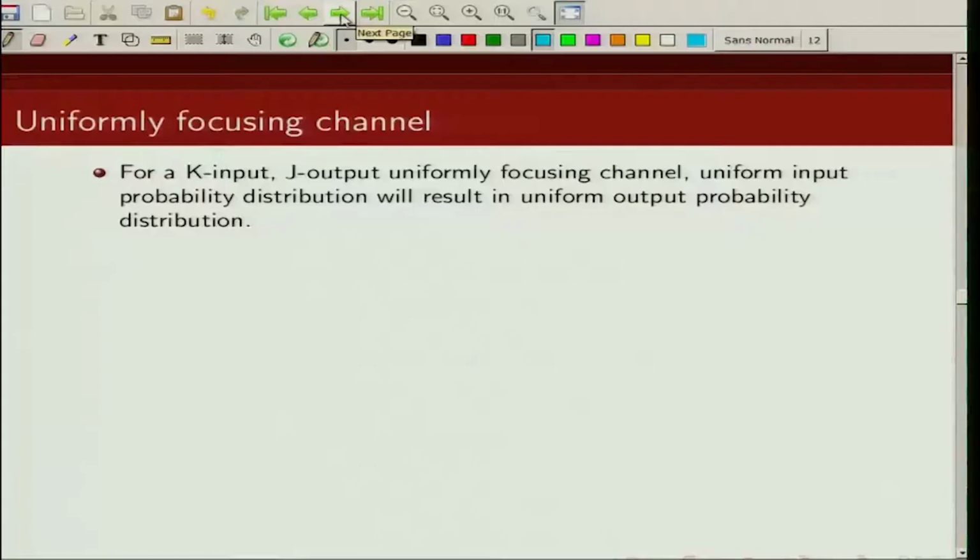Now, what can we say about a uniformly focusing channel? For a k input, j output uniformly focusing channel, a uniform input probability distribution will result in a uniform output distribution. Also, the maximum value of H(Y) is given by log j, where j is the number of possible output values.